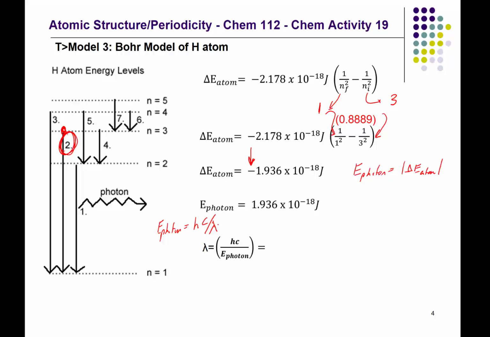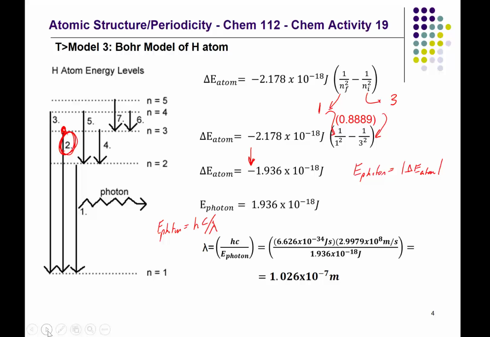So lambda is equal to hc divided by the energy of the photon. Of course, h is 6.626 times 10 to the negative 34 joule seconds. Then I have the speed of light, and then the energy of the photon that I just calculated. And I find that the wavelength is 1.026 times 10 to the minus 7 meters.